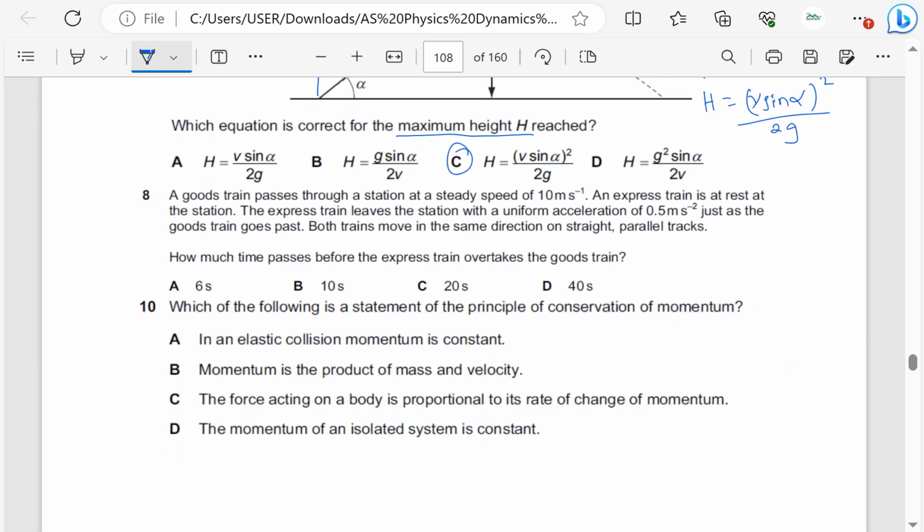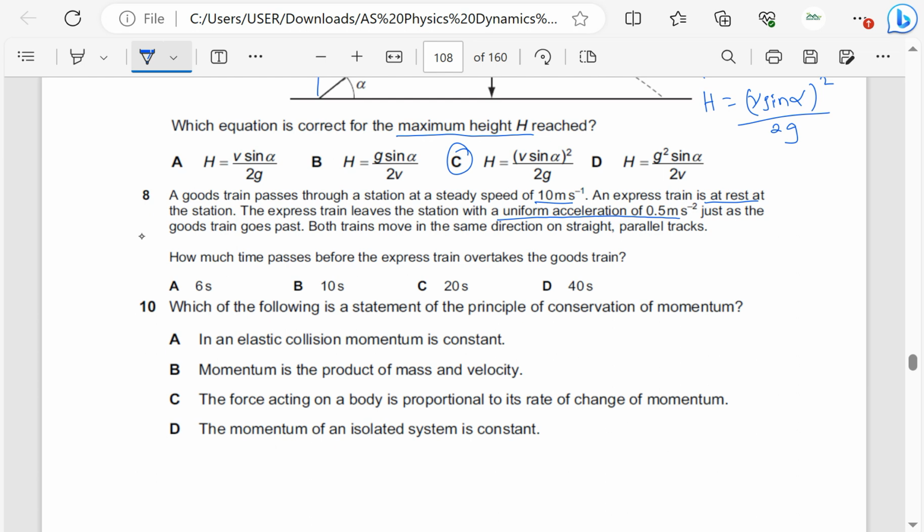A goods train passes through a station at a steady speed of 10 meters per second. An express train is at rest at the station. The express train leaves the station with a uniform acceleration of 0.5 meters per second squared, just as the goods train goes past. Both trains move in the same direction on straight parallel tracks.